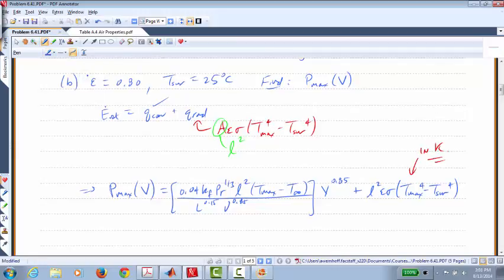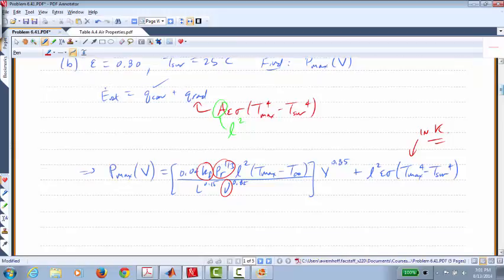So the only thing left we need to do is figure out our thermal properties. We need to figure out what the values are for k, for Prandtl, and for nu. We need to look these up in a table for air. But we know that these three thermal properties depend on the temperature at which we're evaluating them.